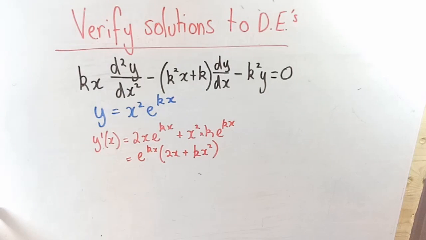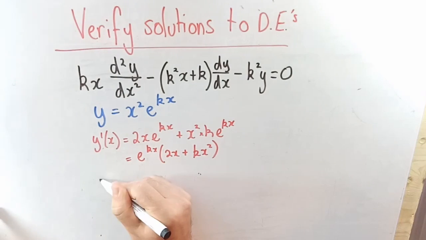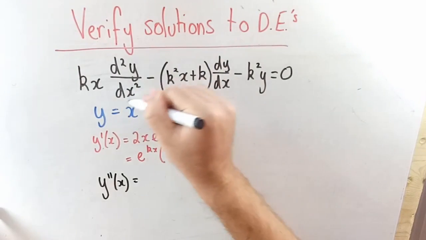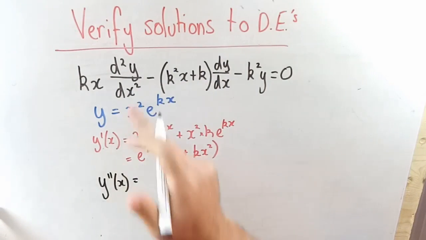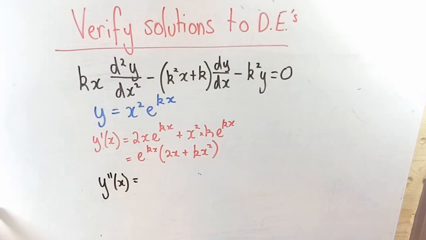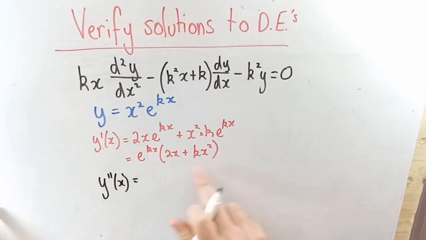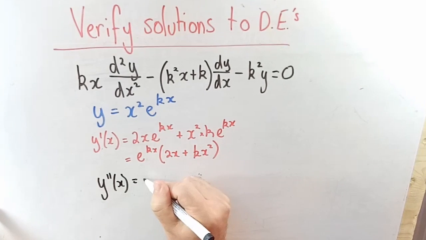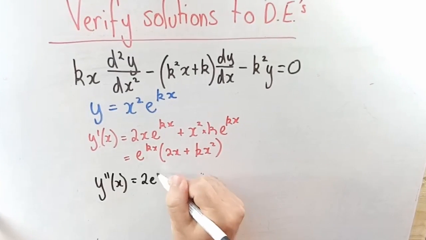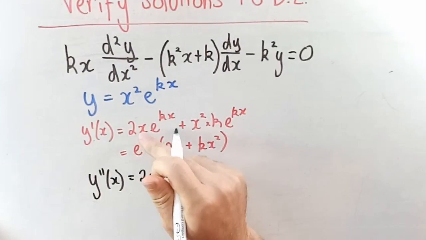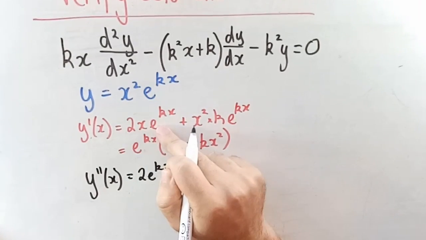What about our second derivative? y double prime of x. I'm just mixing my notations up a little bit, but that's okay. We'll take the derivative of the first line, because I'd have to expand that out again. So we've got 2e to the kx, the derivative of that bit times that one.